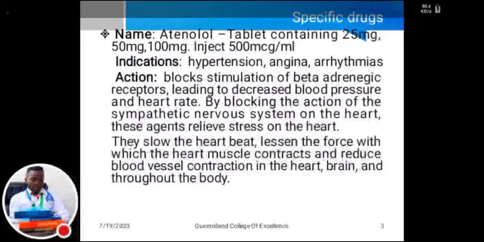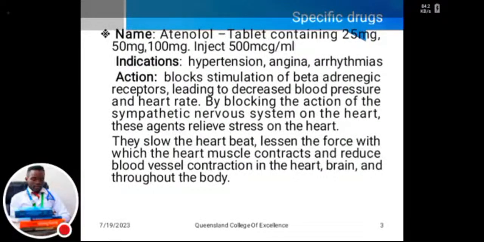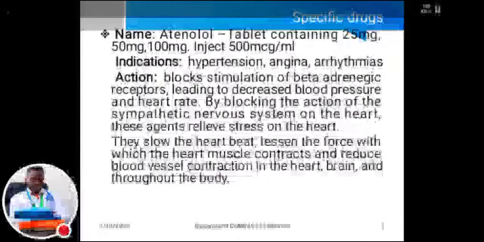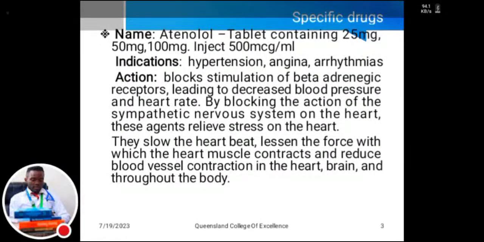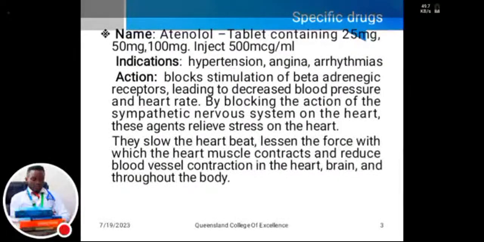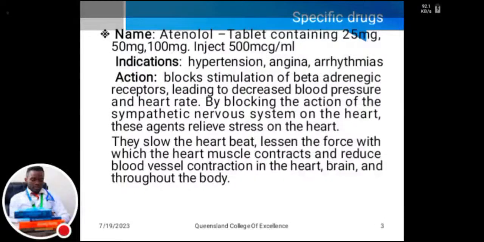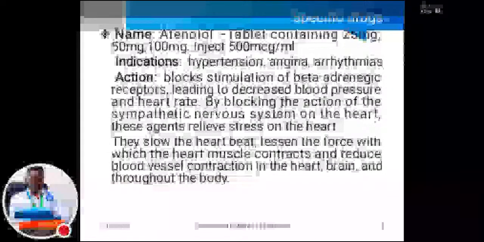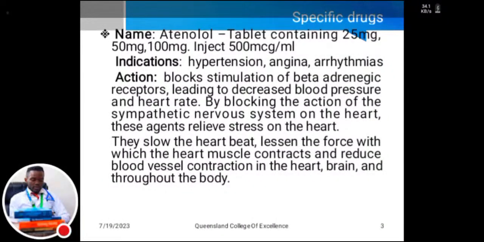Beta adrenergic receptors usually make the blood vessels constrict, thereby increasing blood pressure. But when you give atenolol, it blocks these receptors, so the blood vessels won't constrict and will become dilated, and then the pressure goes down. That's the mechanism.